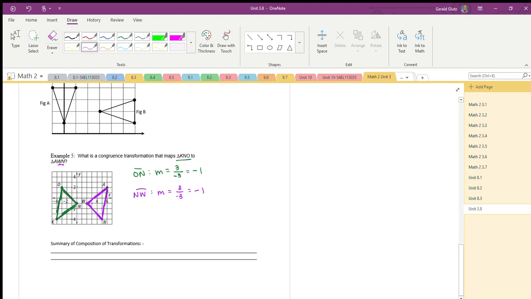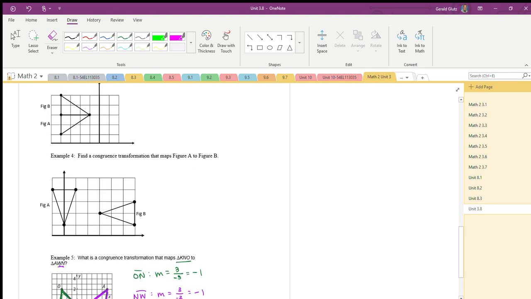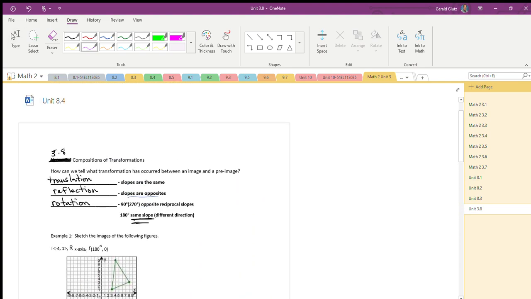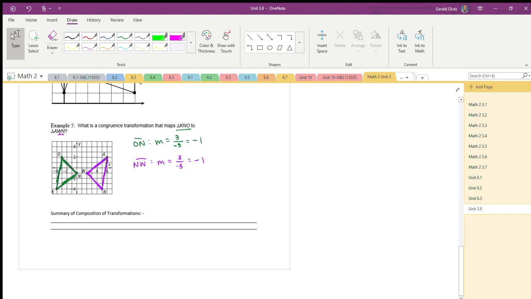So that means there was either just a translation, so either we just slide it over, or it's a 180-degree rotation. Because remember up here, same slope is either 180-degree rotation or translation. If it's just a translation, that means I can just slide this right into here.